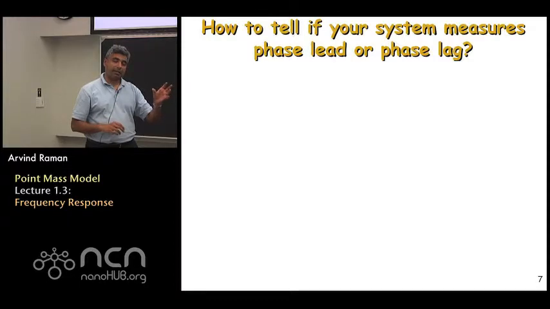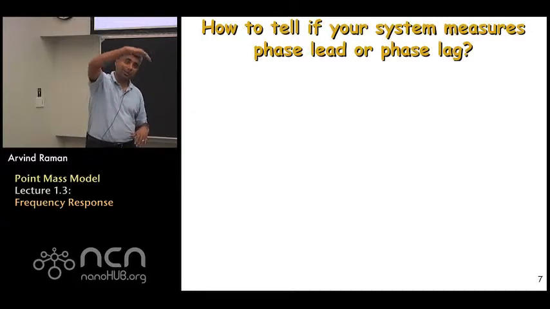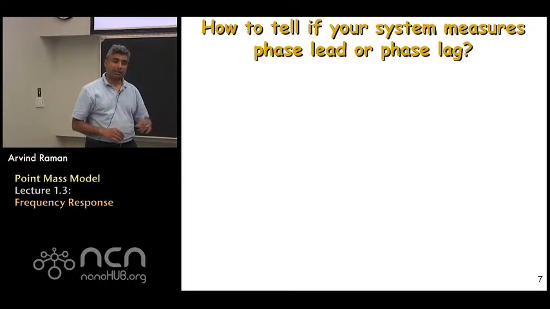On the other hand, if your system is plotting phase lead, then its response is more like shown on the right-hand side, where it starts at a large value and then goes down to negative 180 degrees when you go above resonance. So by looking at whether the system plots the kind of response shown on the left or on the right, you can validate for yourselves if your system is plotting phase lead or phase lag.